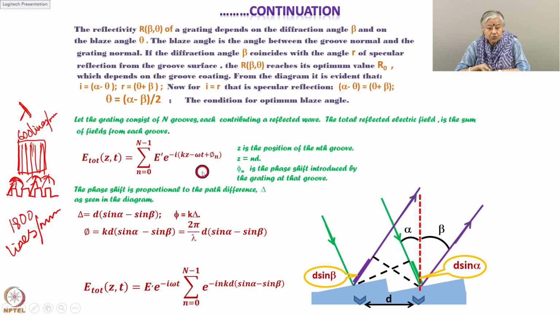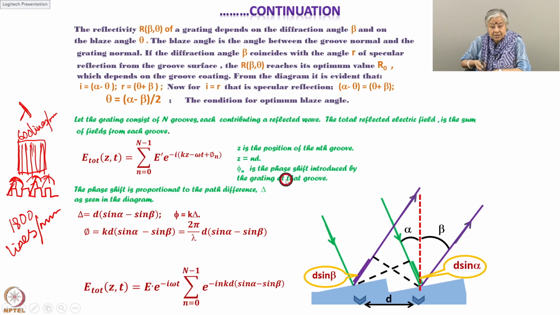So, what I have to do is I have to know this phi n, and z is the position of the nth groove. Okay. So, obviously, it will be proportional to that physically at which point, and z is equal to nd. So, d is this, n times that d will give you the position at the nth groove, okay.